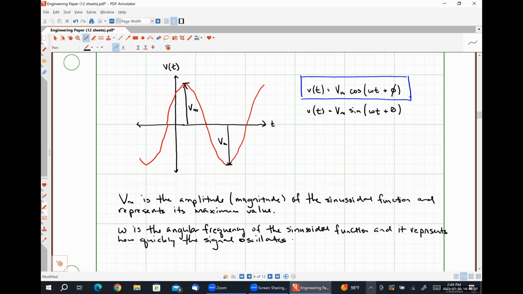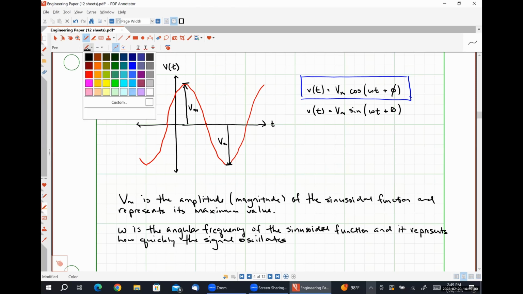So unfortunately, it's impossible really to simply look at a sinusoidal signal and infer what the frequency is, okay? But there are things that we can look at that will tell us what that frequency is.